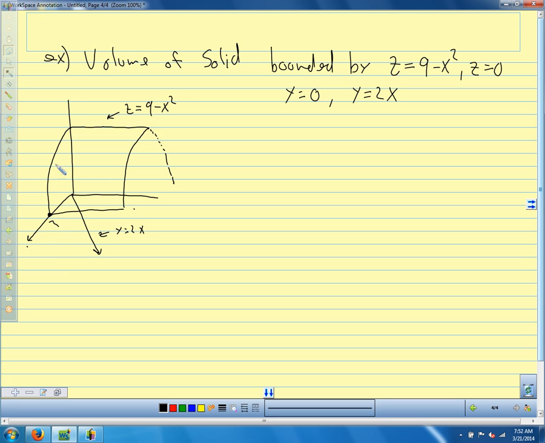So we get x equals 3 there. And so our region in the xy plane is going to be this little piece here. That's our region in the xy plane. So let me draw a sketch of that region.